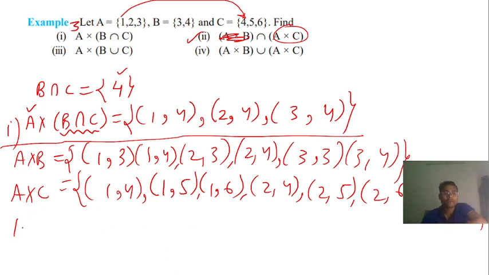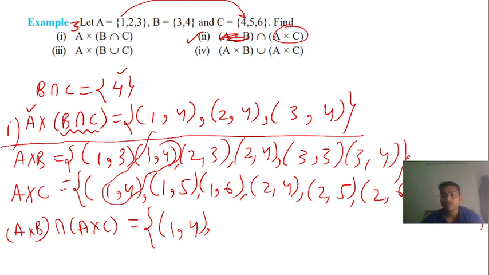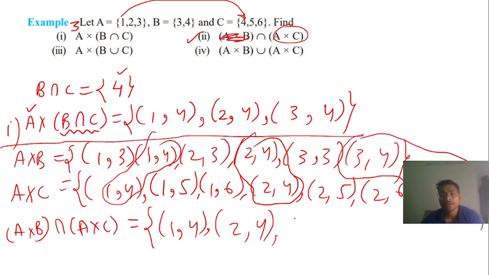Now we have to find the intersection of two sets, that is A cross B intersection A cross C. So we need to find the common elements between these two sets. 1, 3 is here but 1, 3 is not there. 1, 4 is there in both sets, so we will write 1, 4. 2, 3 is not there. 2, 4 is there, so we will write 2, 4. 3, 3 is not there. 3, 4 is there.